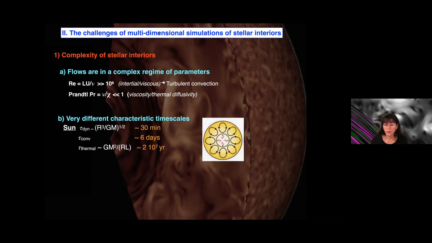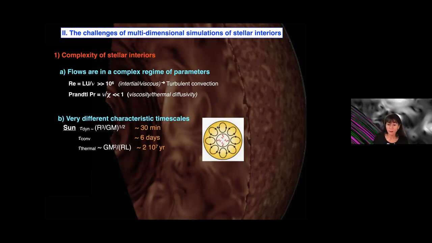So if you look at the Sun, for example, which is the template of a star with a convective envelope and a radiative core, the dynamical time scale is about 30 minutes. The convective turnover time scale is about 6 days, and the thermal time scale is about 10 to the 7 years.